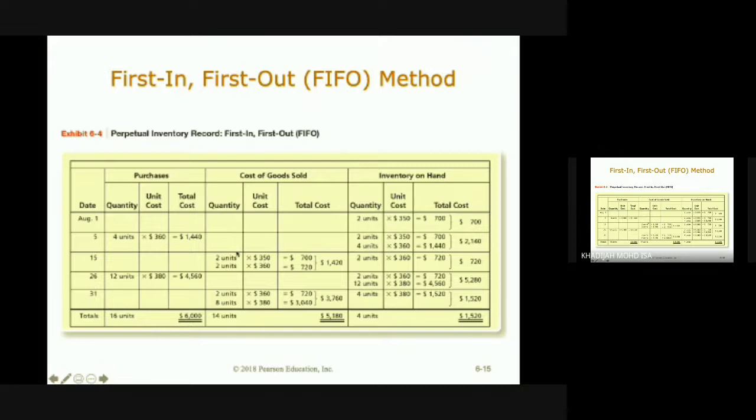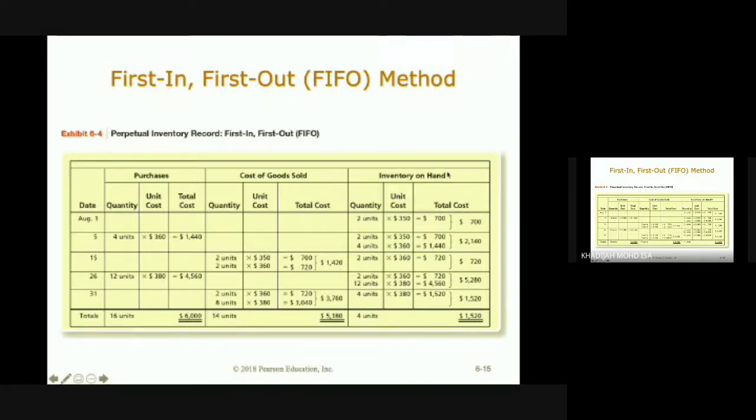Look at the row before this: the balance before the sale is 2 units at 350 and 4 units at 360. So when you sell 4 units, you sell the first 2 units at 350 and the balance 2 units at 360. You use the top first, the first purchase inventory. So 2 units at 350 is 700, 2 units at 360 is 720. So total cost of goods sold is 1,420.